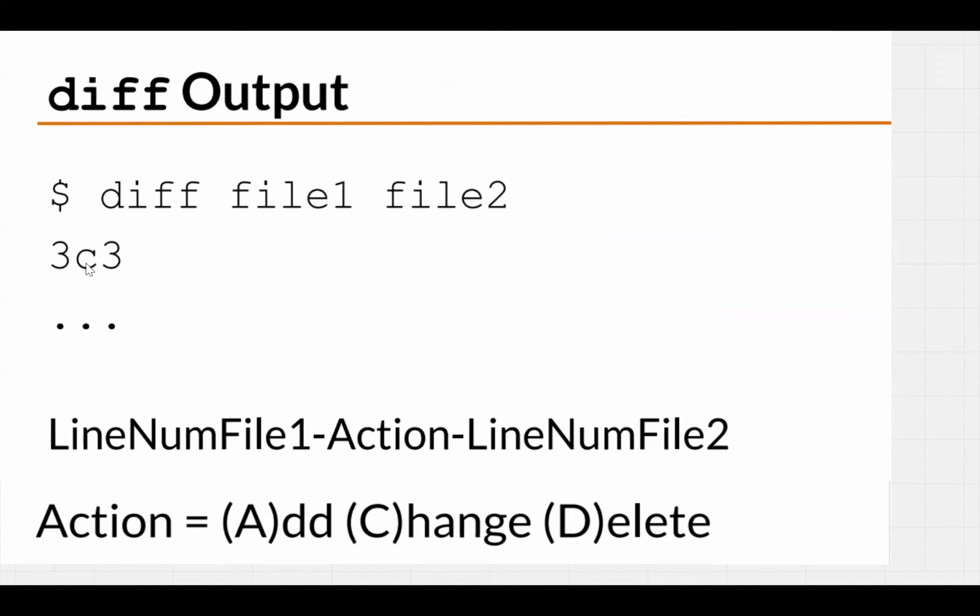The middle character separating the line numbers will be either a C, which represents a change, D represents delete, and A represents add. In this example, the third line of the first file is changed or different than the third line in the second file.